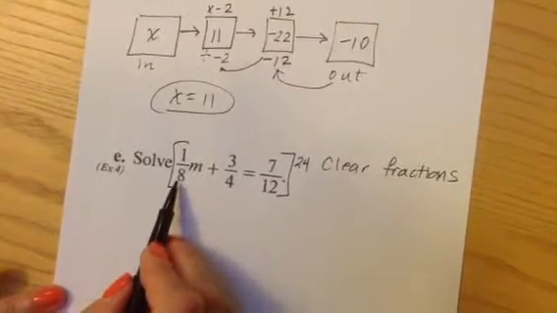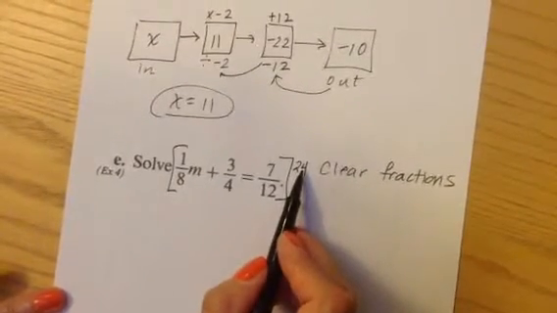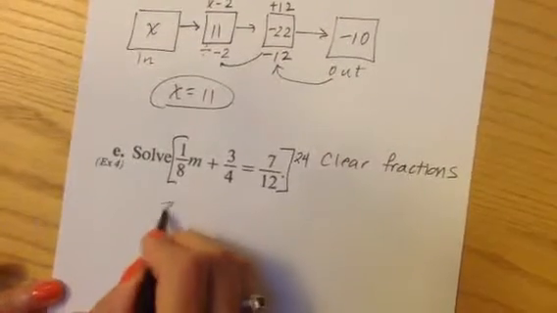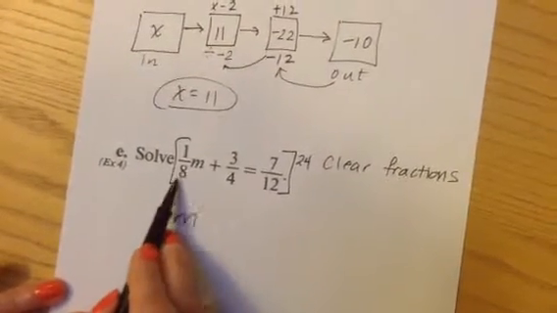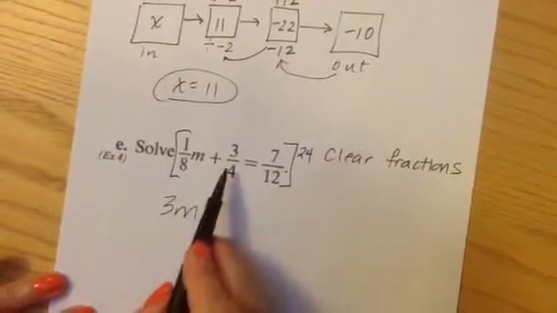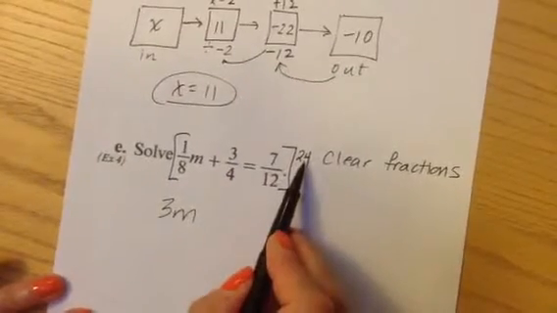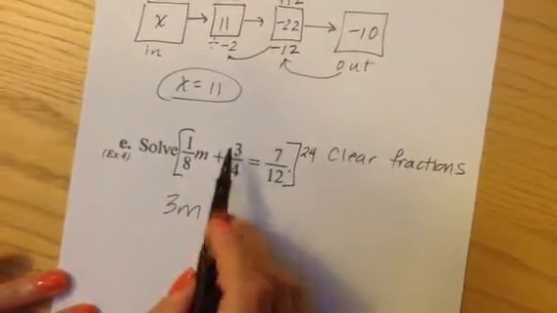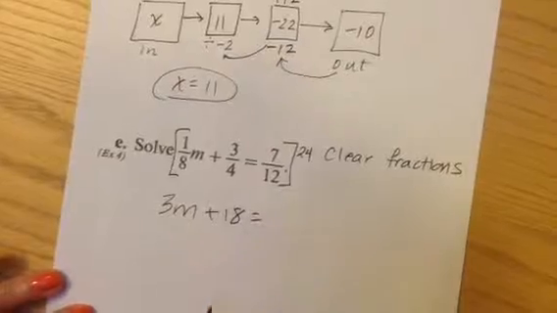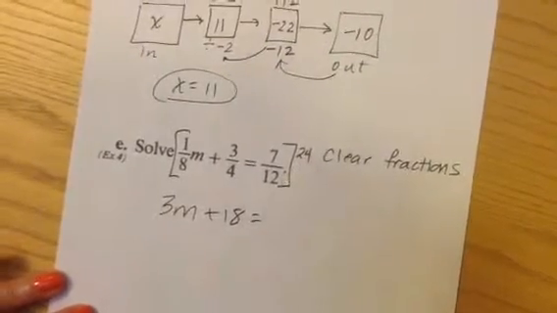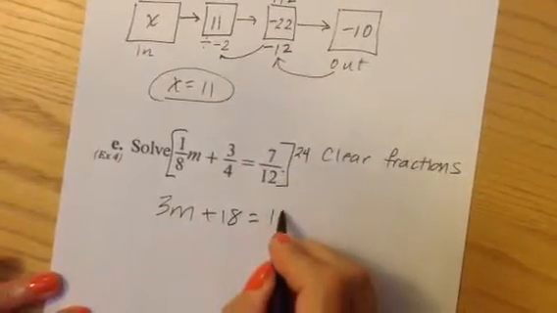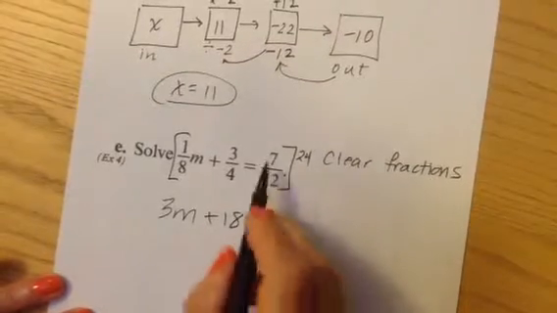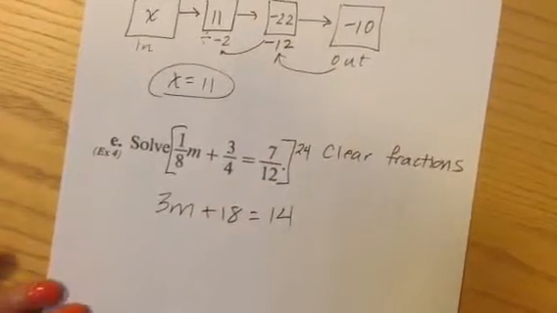So I'm going to take an eighth of 24, and that's 3. So this first expression becomes 3m. Now, a fourth of 24 is 6. 6 times 3 is 18. A twelfth of 24 is 2. 2 times 7 is 14.